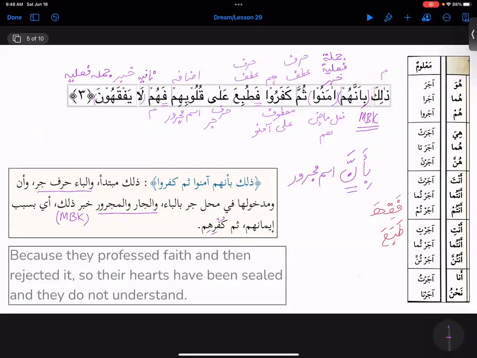What is Shibbu Jumla Khabar? What is Shibbu? Anyone know this word? Fragment. Shibbu, it is like Shuba, like Mushabihat. So similar.